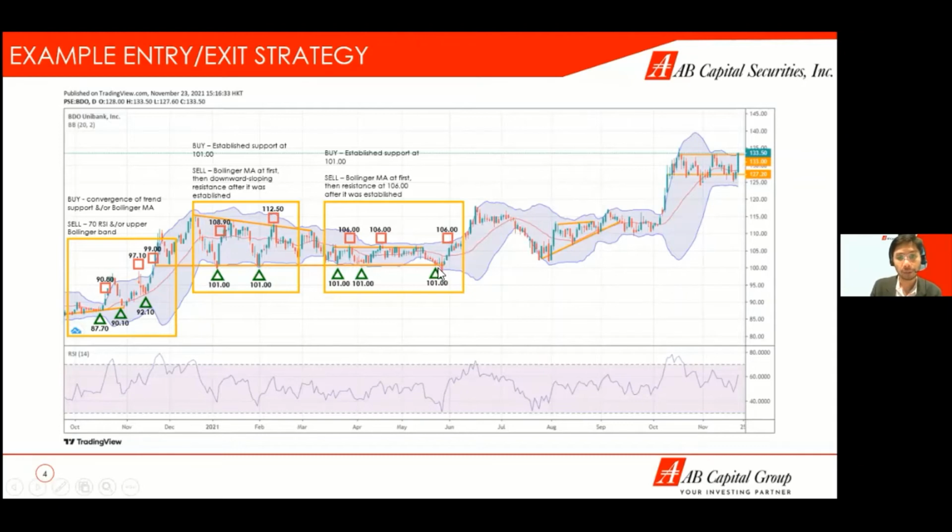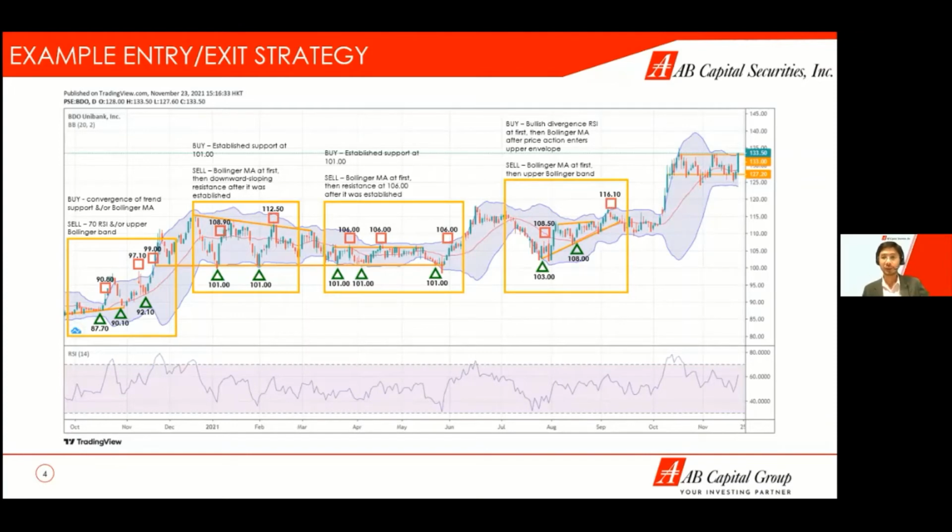That would be another entry point. Some traders would have been shaken out by this big drop maybe 3 days after the buying. But if you weren't shaken out, you would have exited again at 106, at which point you might be regretting because it went back up again. But, you know, gain is gain.